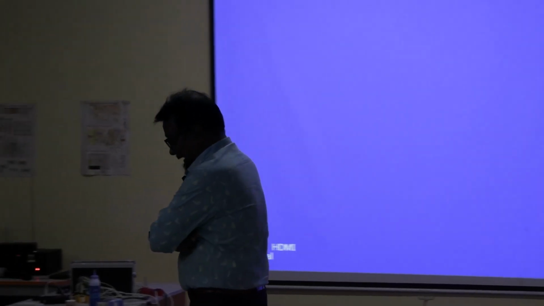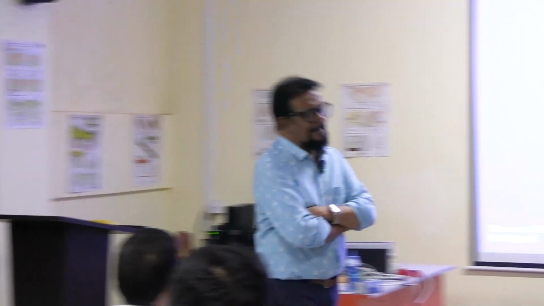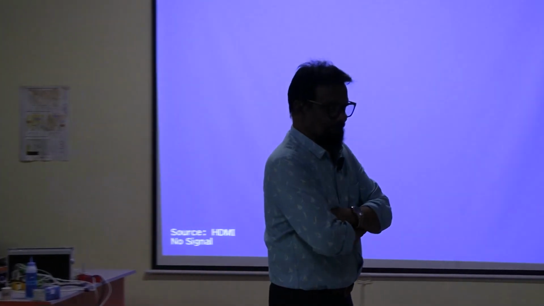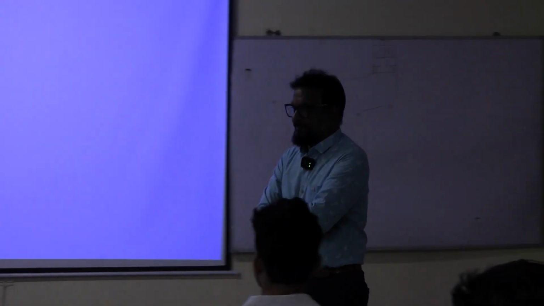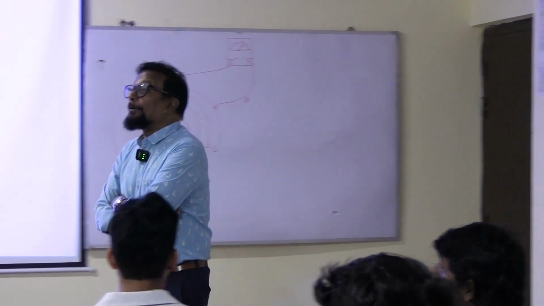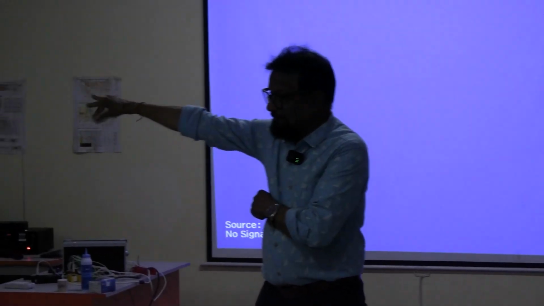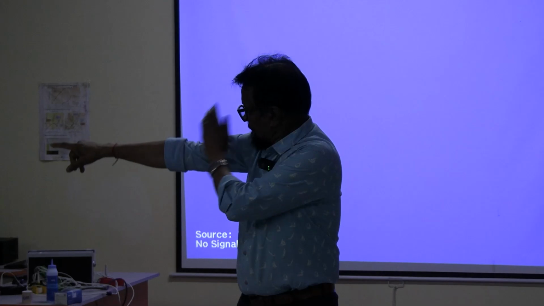Fine. So let us now discuss what are unipolar leads. Before I study the unipolar leads, let us assume one thing: an equilateral triangle. This arm, its root is the acromion.